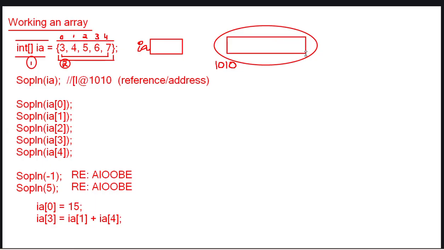Like that, totally how many bytes created? 20 bytes memory. The 20 bytes memory is divided into 4 bytes equally. After dividing this memory 4 bytes equally, this memory is marked with index number 0, 1, 2, 3, 4. Now tell me, what is this?